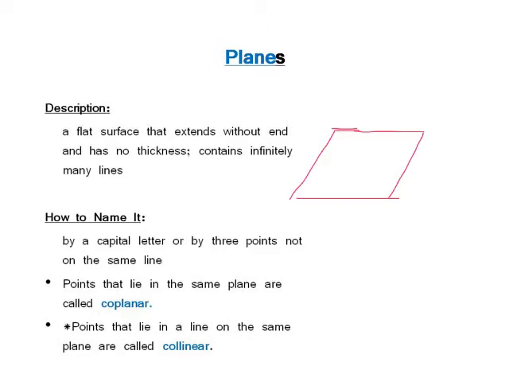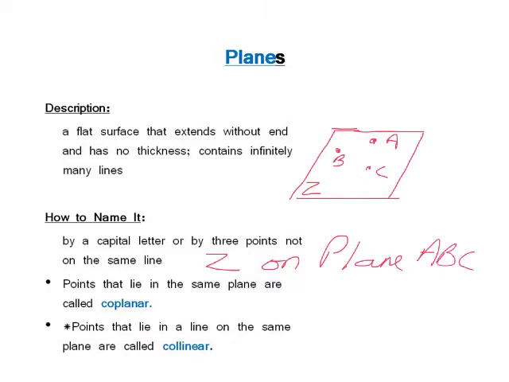You name it by a capital letter, so let's say this is plane Z. Or if we have some points on here, let's say points A, B, and C, you can say this is plane Z, or you can say plane ABC.